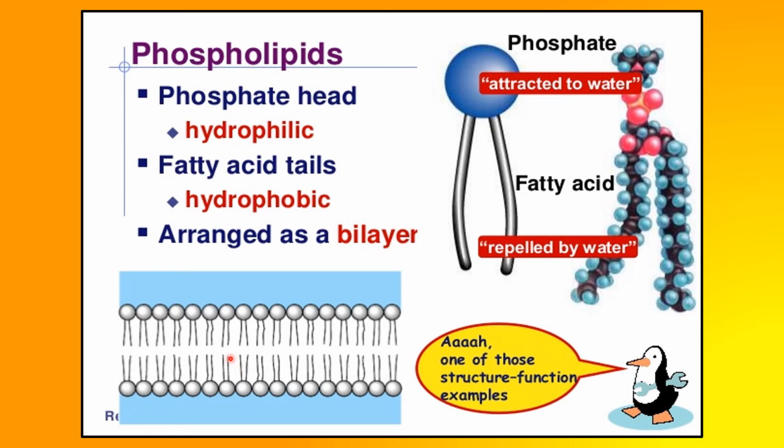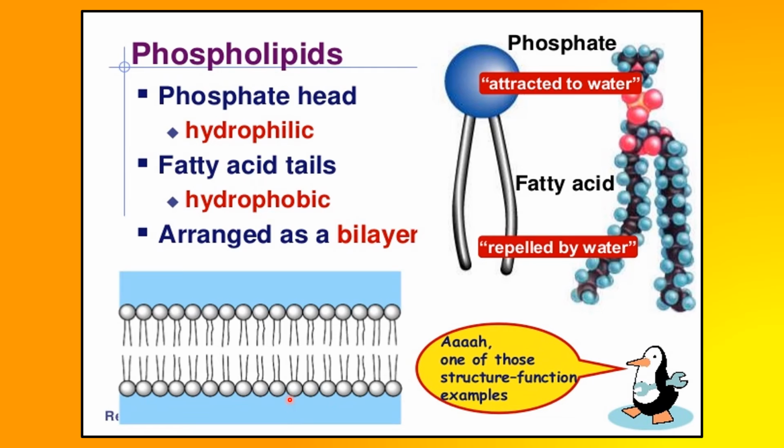In this little illustration down here, that's water in blue, water in blue. What that tells you is the milieu outside of the cell is aqueous, or water-based, and the cytoplasm inside of the cell is also aqueous, or water-based.